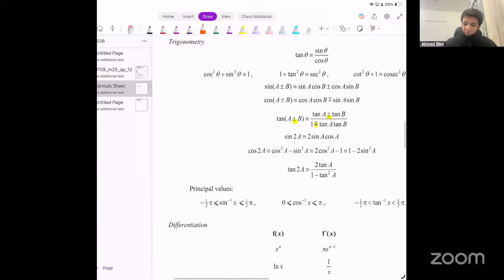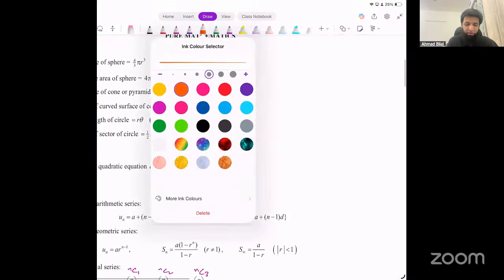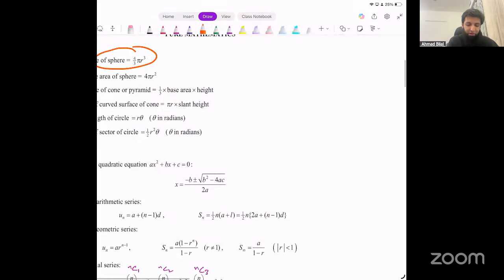You have some formulas for mensuration written on top. So you're given the formula for volume of sphere, surface area of sphere, and cone and pyramid. The formulas for prism, cylinder, they are not given. You need to remember them. Formulas for triangle, they are not given. You need to remember them. So these are the formulas for mensuration that are given. The rest you need to remember. Okay.